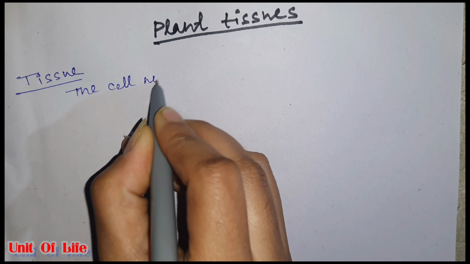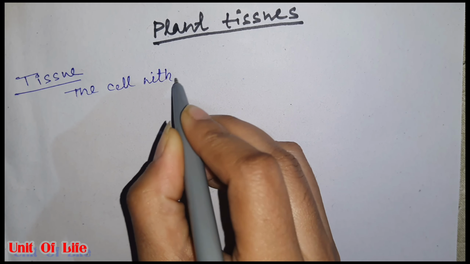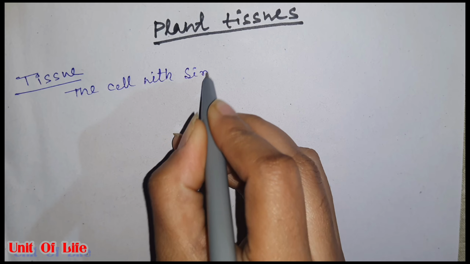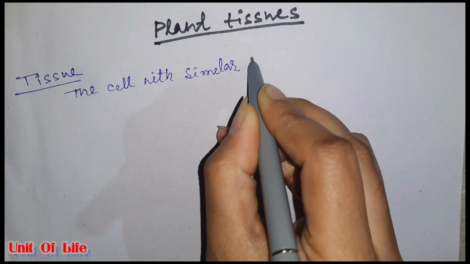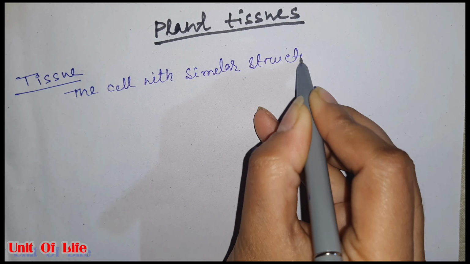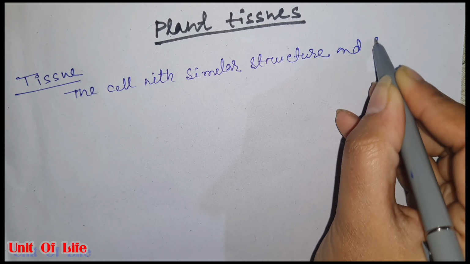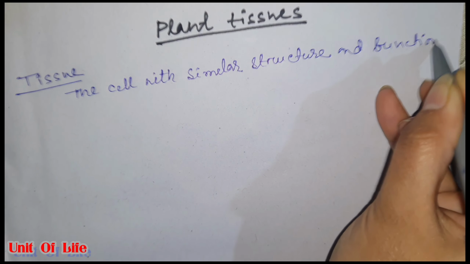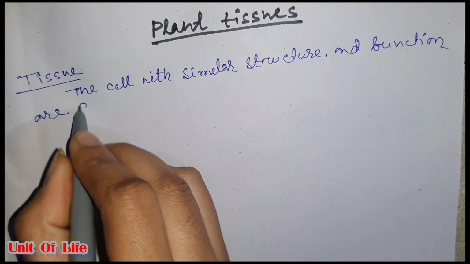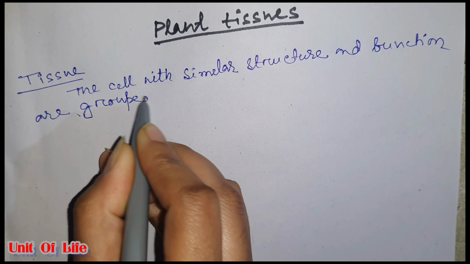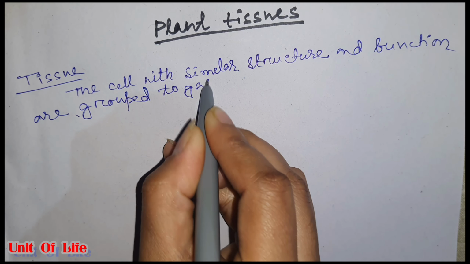In multicellular organisms such as plants and animals, the cells with similar structure and function are grouped together, and this is a group of cells performing a particular function. Those groups of similar cells are called tissue.